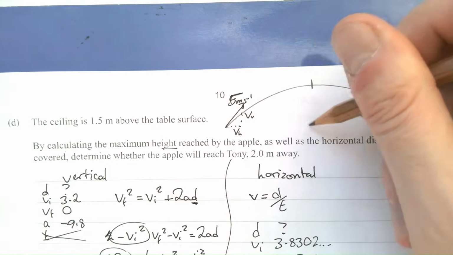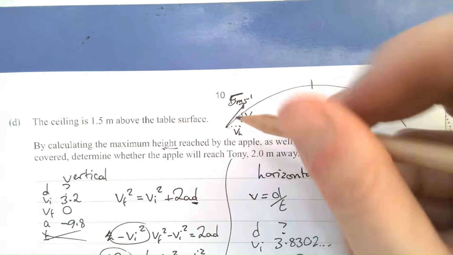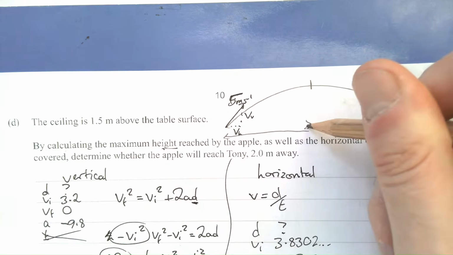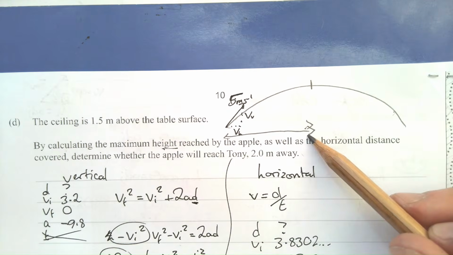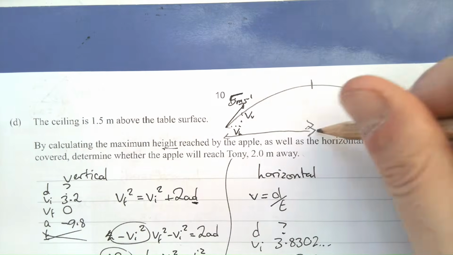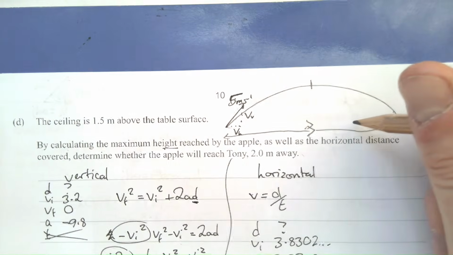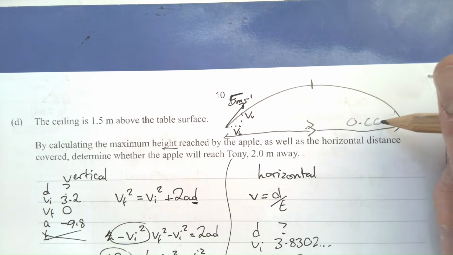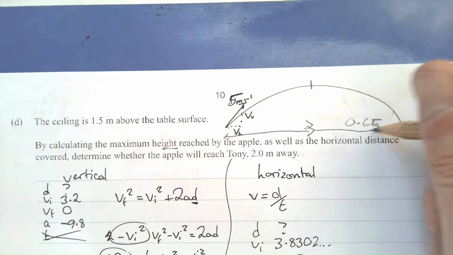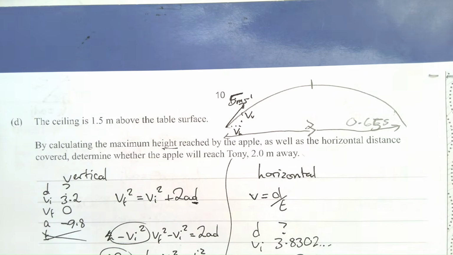Therefore, if the time to get from here to here is 0.33, the time to get all the way to the other side is 0.66. Or if you use the unrounded number, 0.65, which is why you should always use the unrounded number.